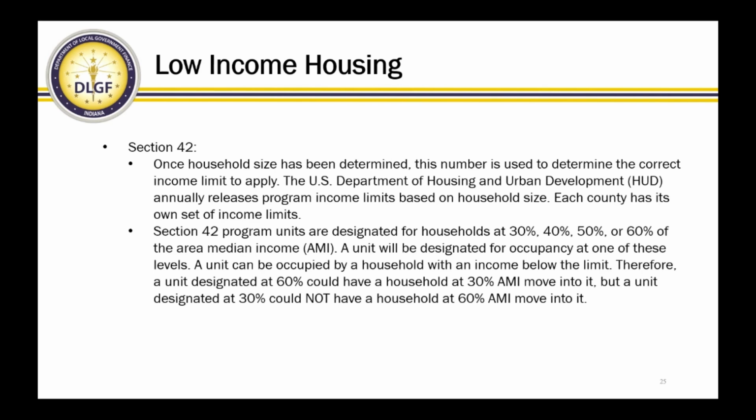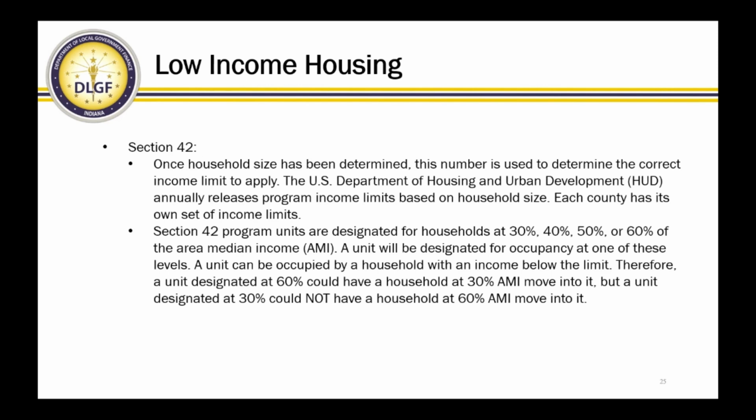Once the household size has been determined, be it 1, 2, 3, 4, 5, however many people in the household, that's used to determine the income limit to apply. The United States Department of Housing and Urban Development, or HUD, annually releases program income limits based on household size. And then each county has its own set of income limits.